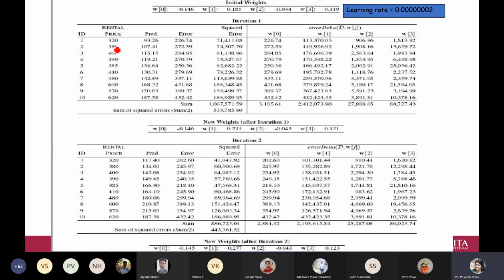You know the actual value of y, so can we know the difference? That is our error. We are also calculating the squared error. Now the main step: after differentiating J theta, we wrote a term that we call error delta.